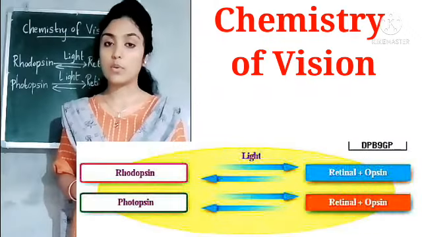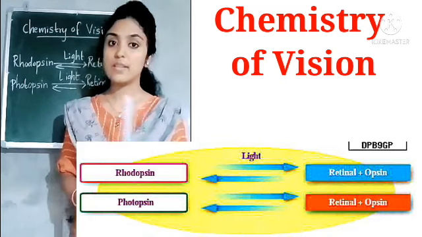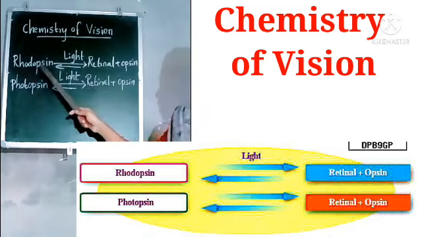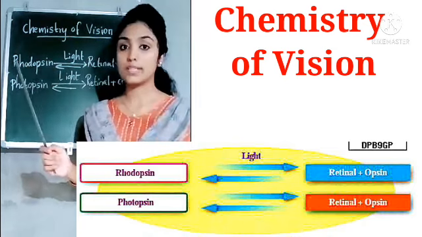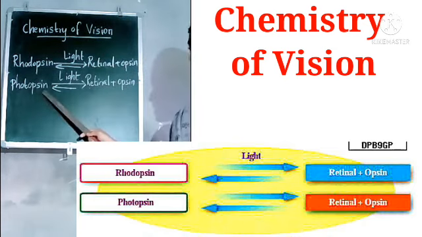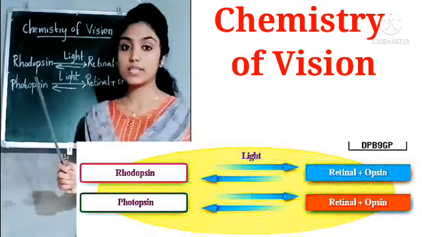Finally, let us learn about the chemistry of vision. So here you can see rhodopsin. Rhodopsin is the pigment present in rod cells and photopsin is the pigment present in cone cells.